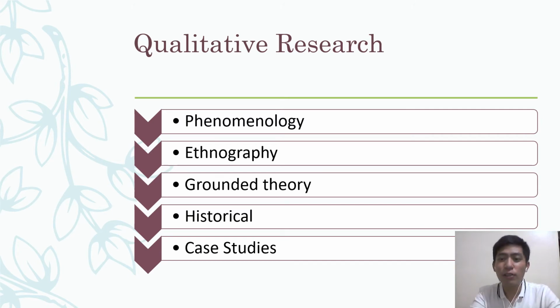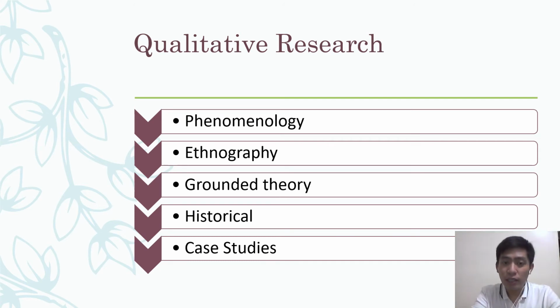Next is historical qualitative research, where you do data gathering retroactively. Examples are the narrations of our heroes, the narrations of our patients, or even the narration and observation of the nurses in the past.